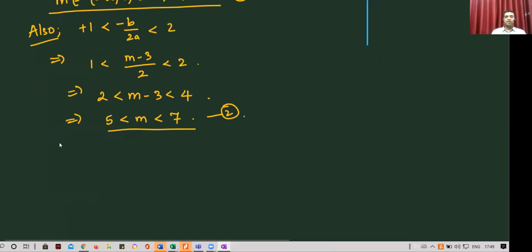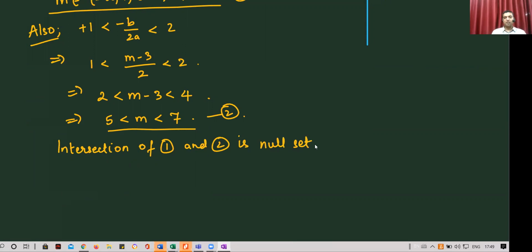So intersection of 1 and 2 is null set. There is no possibility.